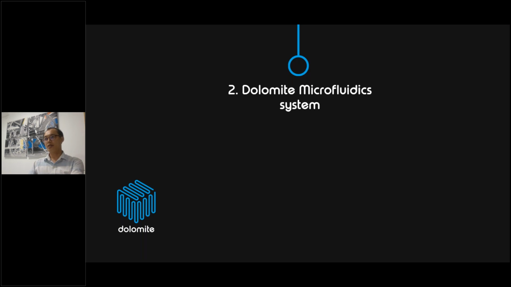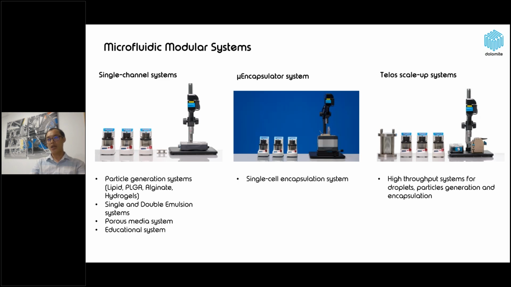The next section, I would like to introduce the Dolomite microfluidic system. Here are the three main types of microfluidic modular systems that Dolomite provides. We have the single channel system, used at lab scale or R&D scale.